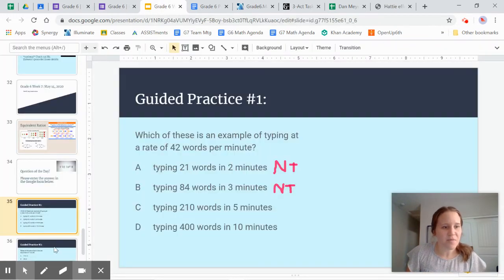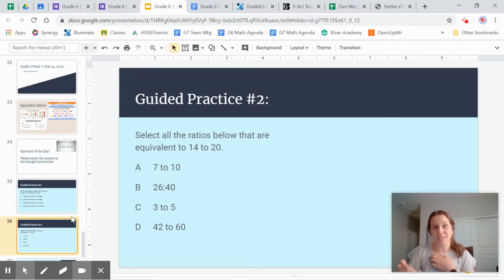All right, crushed it. We're going to move on to question 2. This is the last one we'll do together. Here we go. Select all the ratios below that are equivalent to 14 to 20. 1 minute on your own, go.